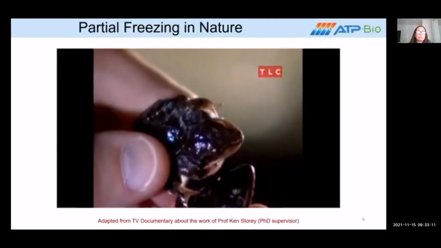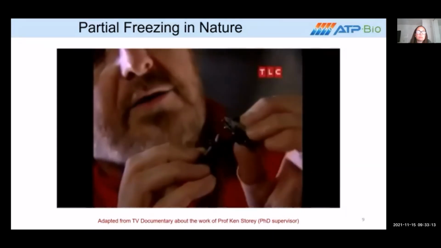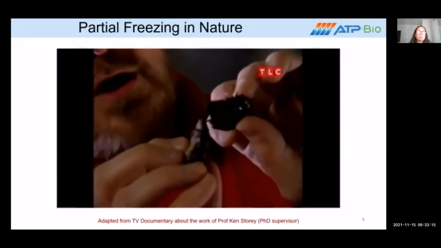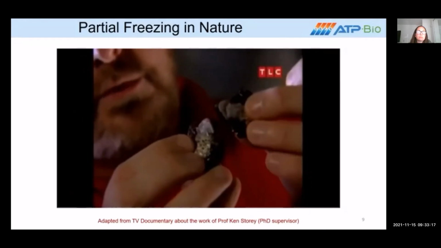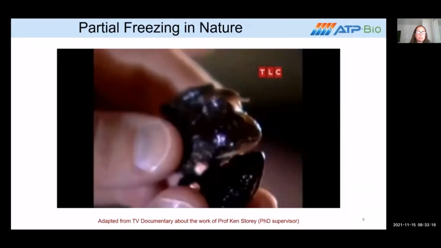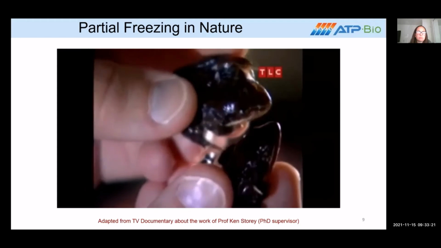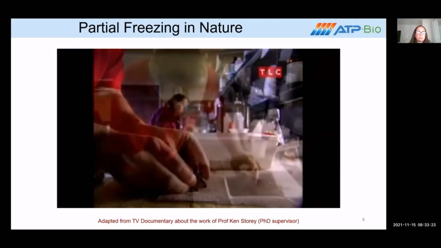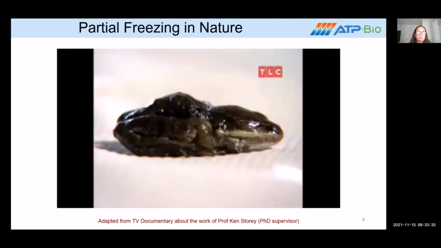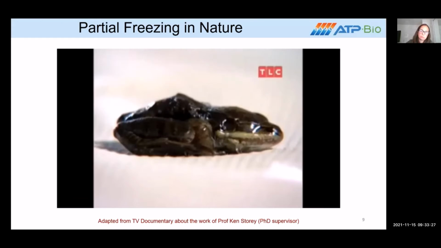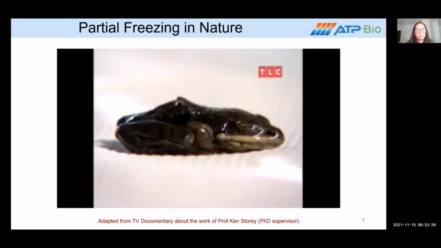They're probably 50–60% ice now, and their hearts are stopped, their brains are flatlined, their limbs can't be moved, they would be broken off. Yet they're still alive. But the most amazing thing is the fact that the wood frog comes back to life.